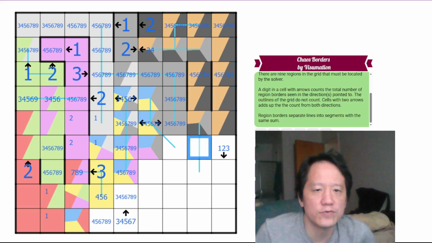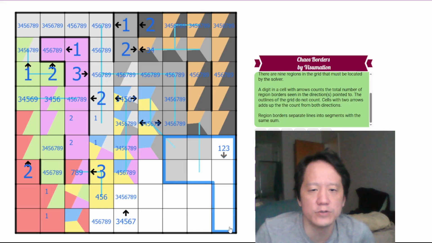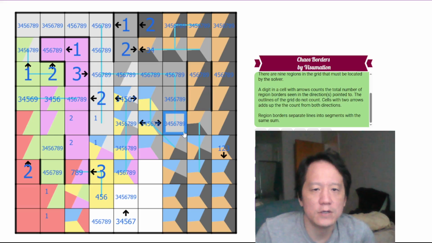Gray could go over to here, and that's the extent, right? It has 7 at least here. It could go 8, 9 here, and that's it. These could be orange, dark, or blue. Right. We know this is gray, period, though.